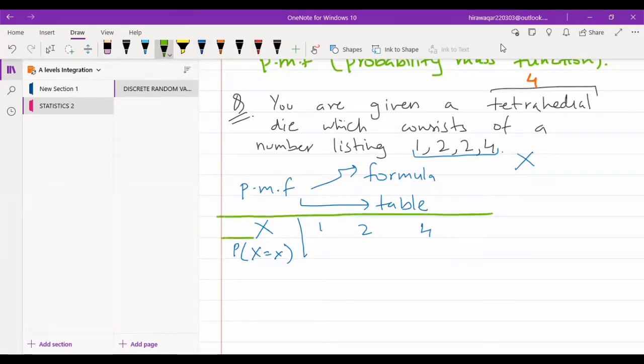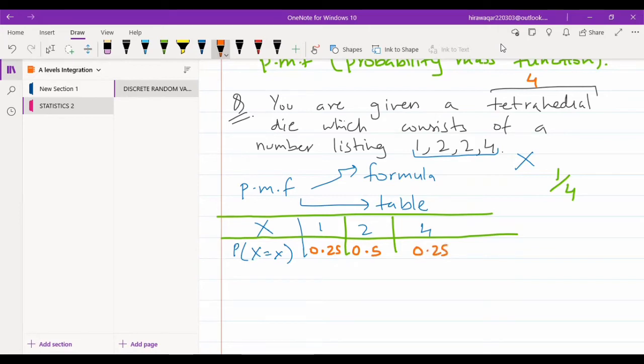Let's see the probability for each. If we are getting 1, we are getting 1 from the 4 possible outcomes, so it would be 1 upon 4, or 0.25. So this probability is 0.25. This probability is 0.5 because you have two 2's and you don't know which two you are going to pick, and you have only one 4, so it is also 0.25 probability.